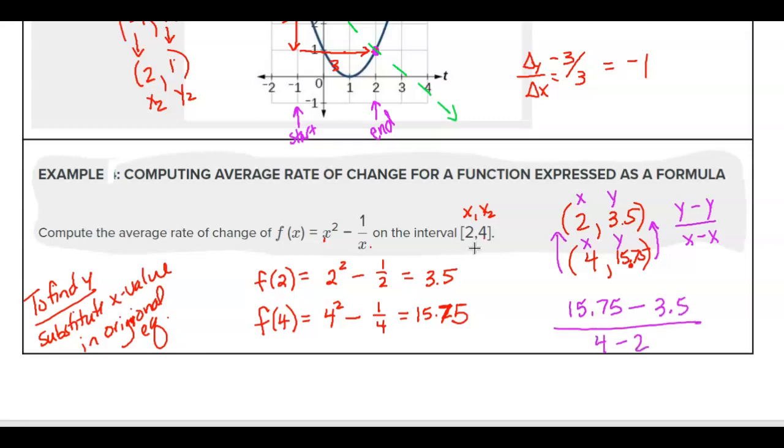Now, if you're typing this all in together, you're going to want to use a calculator. So if you're doing them separately, that's fine. But if you want to do this all at one time, you do still follow order of operations, so the parentheses will help. I always like just to do them separately, but it really is a choice. As long as you get the same answer, we're fine. So our average rate of change is 12.25.